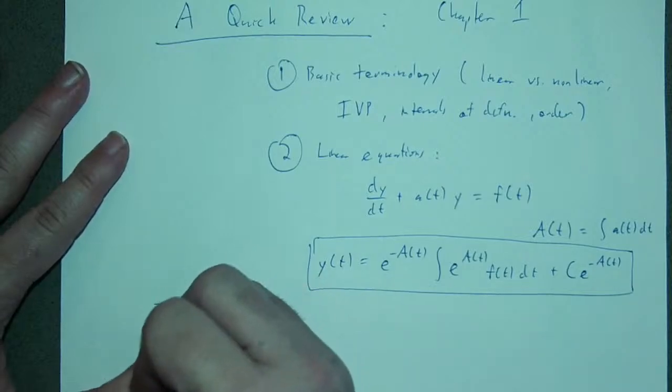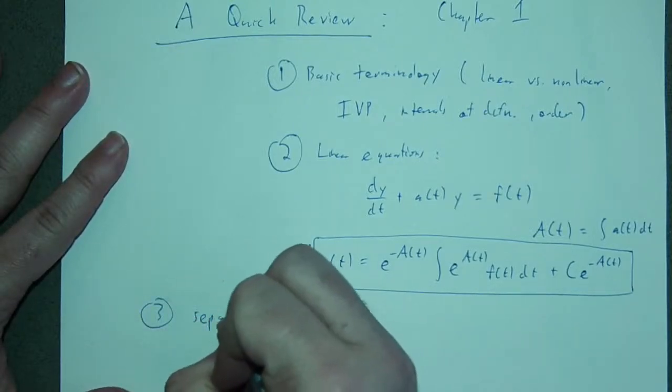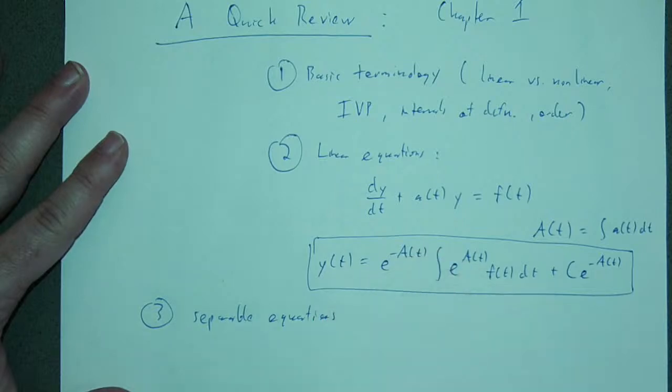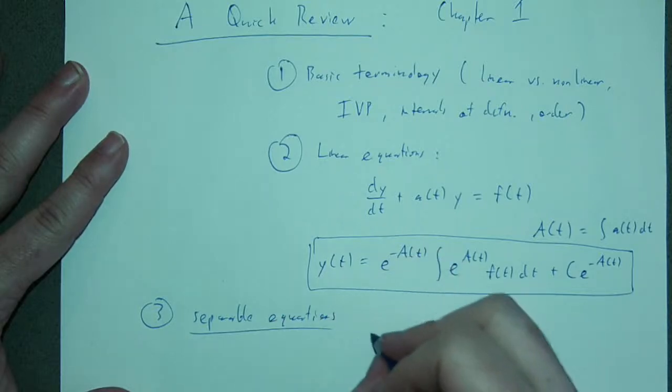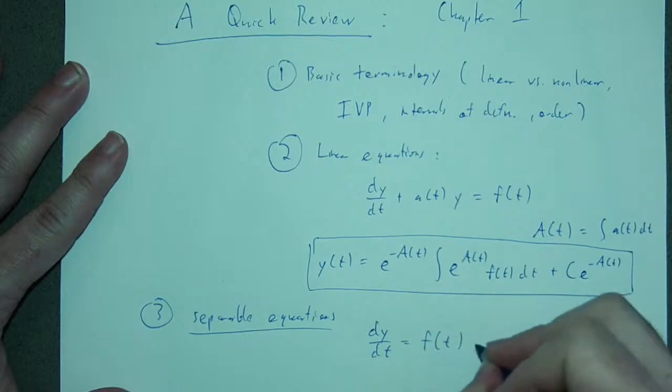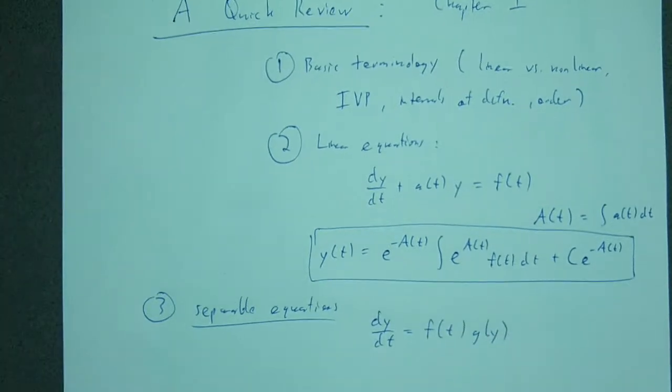Okay, separable equations. Separable equations look like this. So the variables t and y can be separated, right? That's why they're called separable.